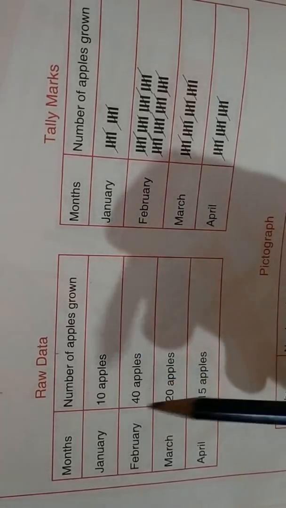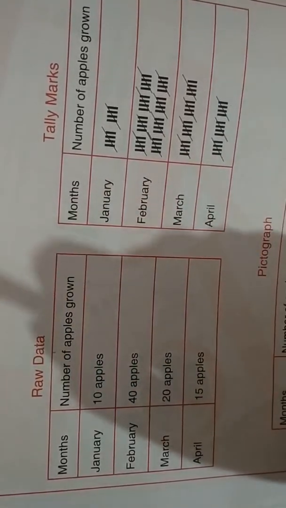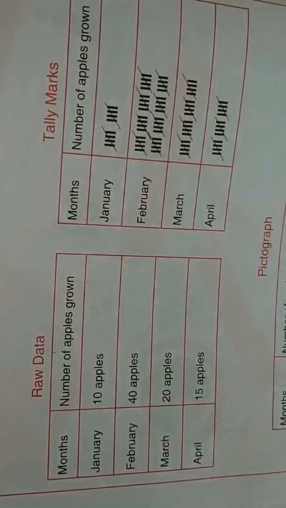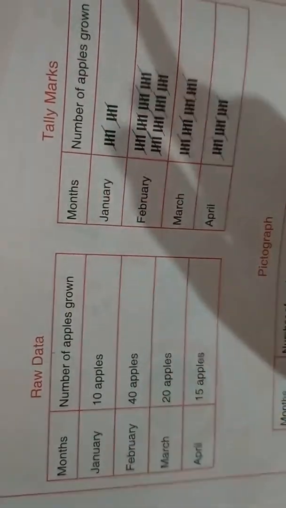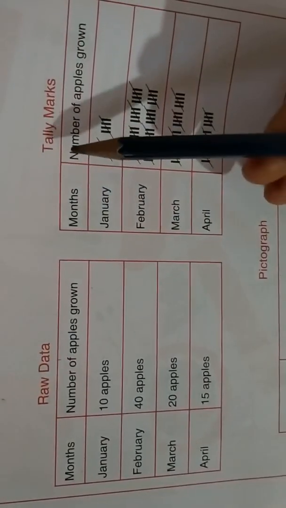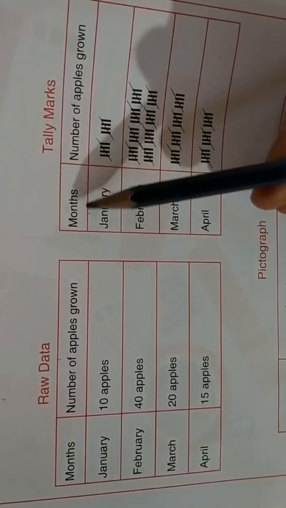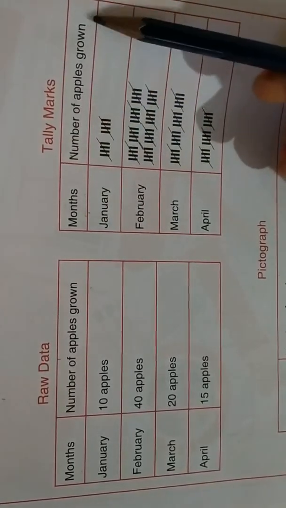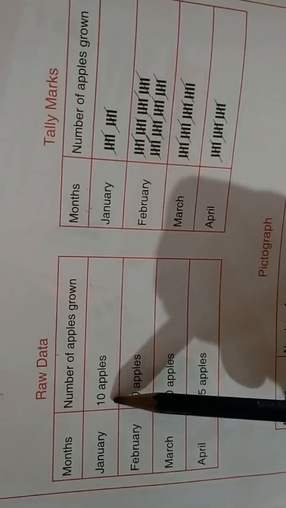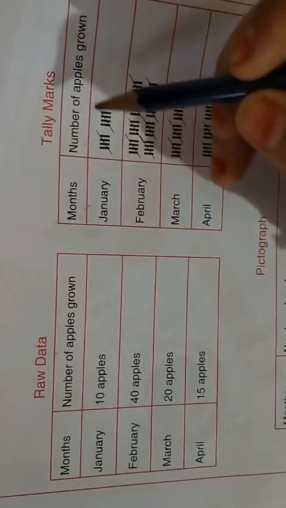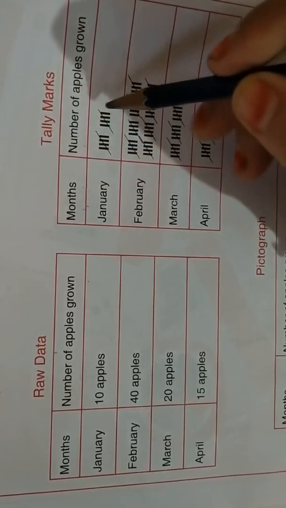Now this data we have to show as tally marks. How do we have to show it, students? In tally marks, we have to write the month and the number of apples grown. So in January, how many apples are there, students? 10 apples. So we have to draw 4 standing lines and 1 slanting line. Again 4 standing lines and 1 slanting line. So this shows 10 apples.